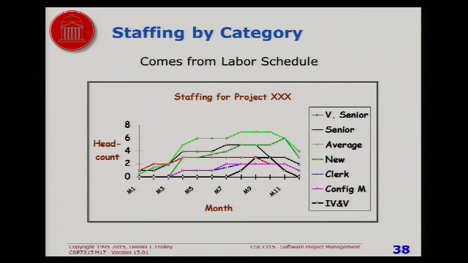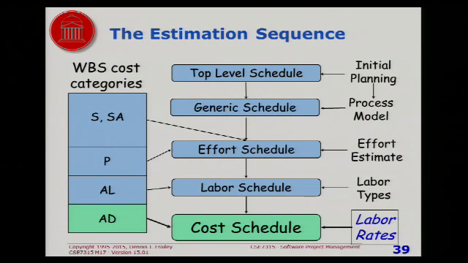And you can also, if you want to, generate a graph by type of person so you can figure out exactly how many you need of each type. But I point out that that part of this method is not necessarily very precise. You have a lot of flexibility there. So this is sort of a general guideline. Anyway, that's the labor schedule.